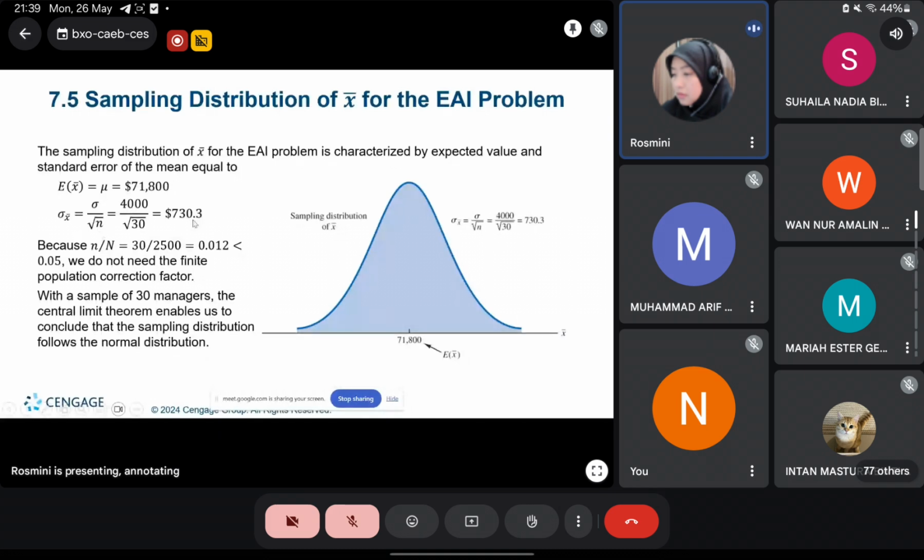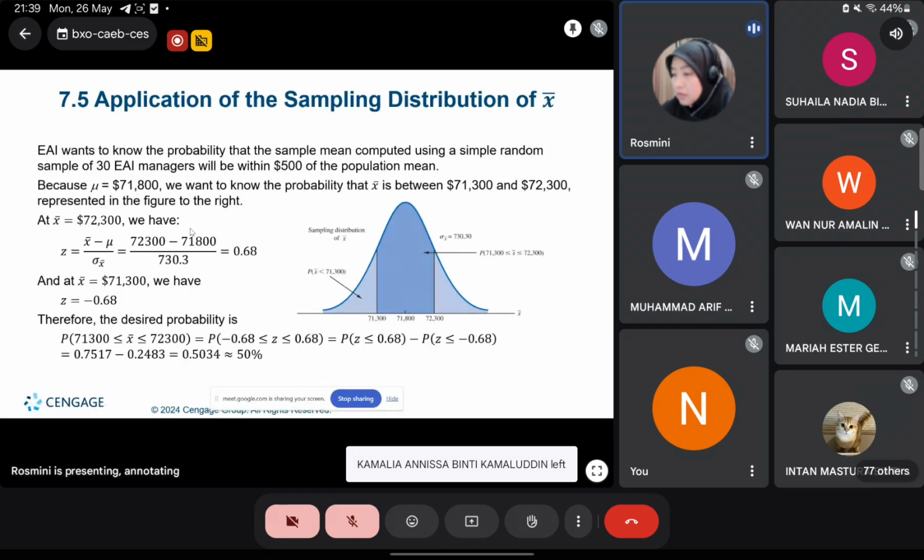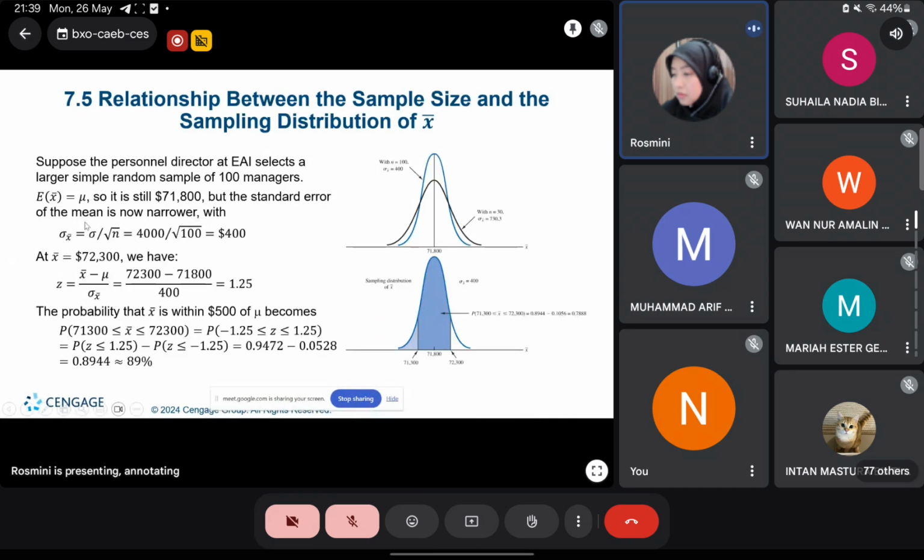With a sample size of 30, that is 730.3. What if instead of 30, you took 100 managers as your sample? Just now it was 30, now it is 100. So you will get a standard deviation of 400 here.